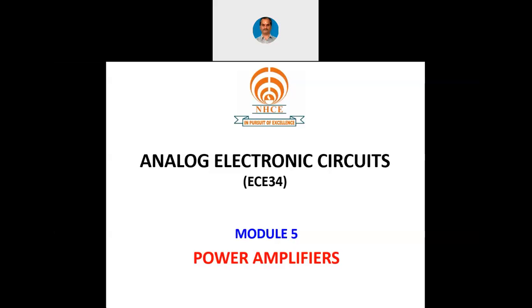Means always we thought that the signal is small enough that it will not affect the switching operation of the transistor. That means the signal is small enough so that the Q point is not going to be affected. So that was called as small signal amplifier. In this module, we are going to deal with large signal amplifiers. Let me tell about that later on. Let me start this module now.